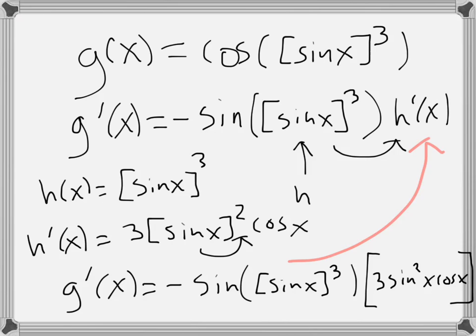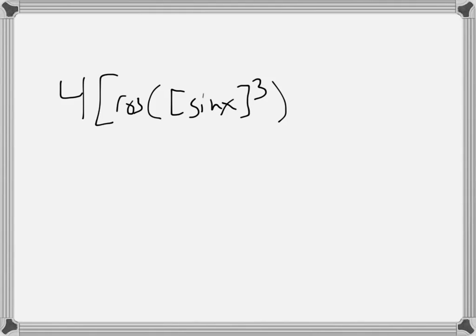So that's quite an answer, and that's not the whole thing, right? This needs to be multiplied by the function we had originally in the first slide. So I'll connect those on a new slide. Okay, so in the first slide we had this function 4 cosine of the cube of sine x, and then all of that was cubed, and I need to multiply that by g prime.